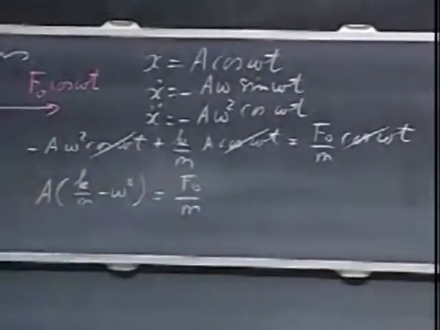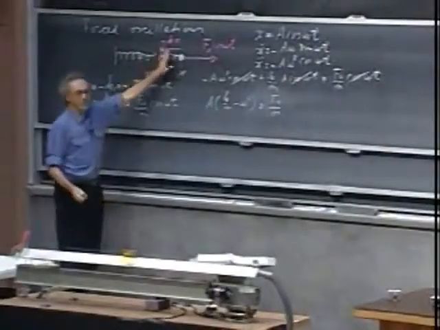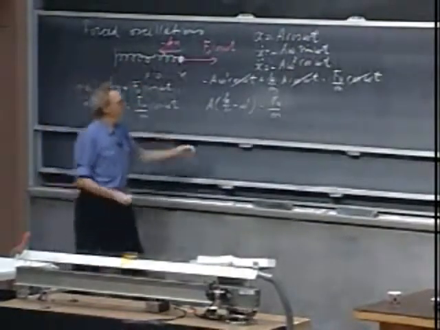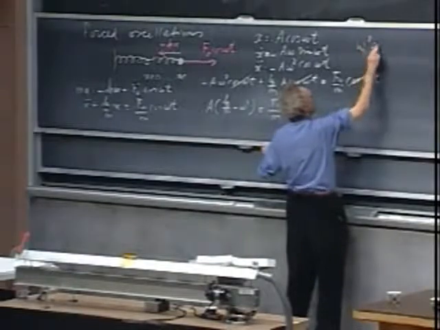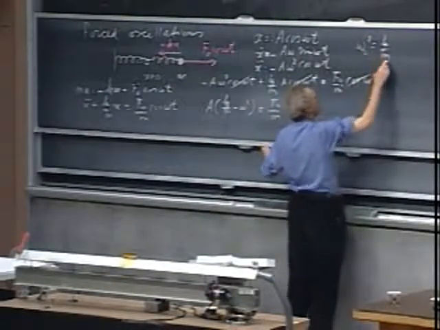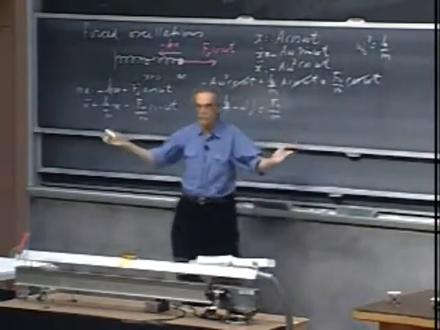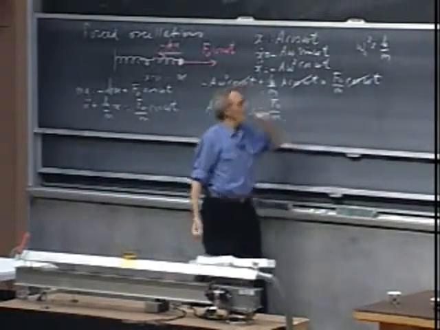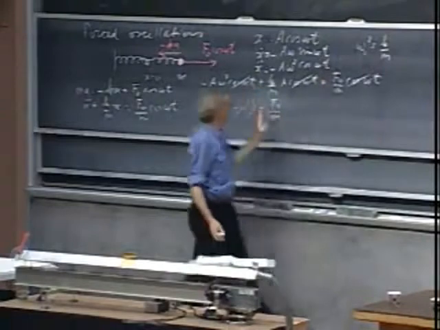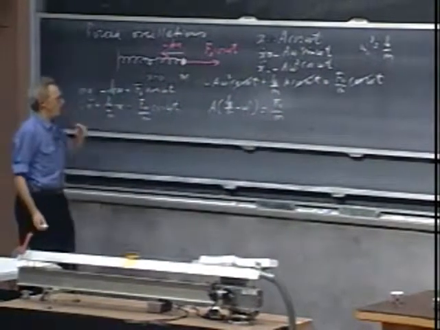If we let this system do its own thing, we bring it away from equilibrium and we don't drive it, then we know that omega squared, which I will give a 0, equals k over m. This is the frequency that we have dealt with before. This is the driving frequency. It's very different. And so I'm going to substitute in here for k over m omega 0 squared.